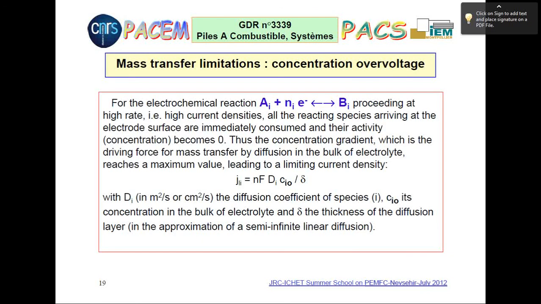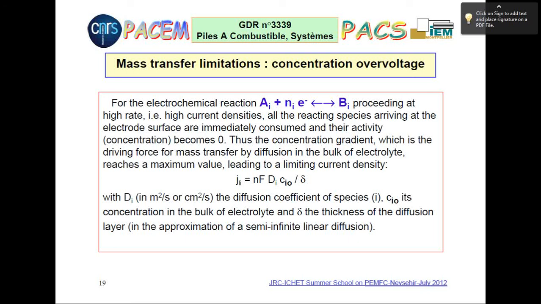Now the other point is the limitation by mass transfer. The idea is the following. If you increase the current density, you increase the rate of reaction. So it means that you must have many more species at the electrode surface to react.